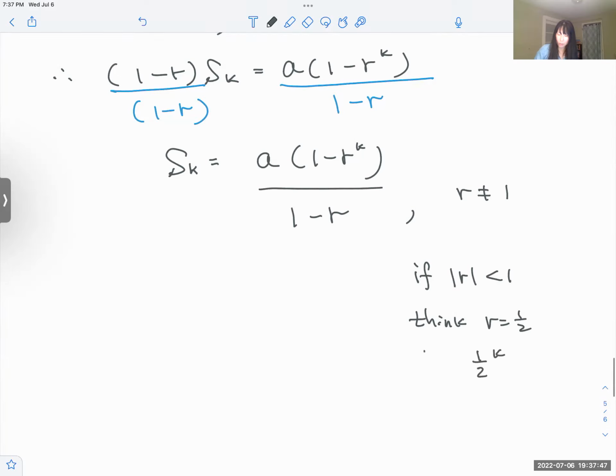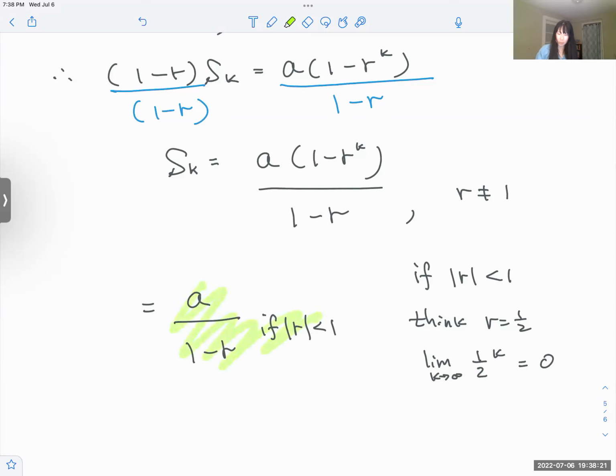So we take the limit, what will this be? It's 0, yes. So we can say that this is a over 1 minus r if the absolute value of r is less than 1. Make sense? So this is the form.